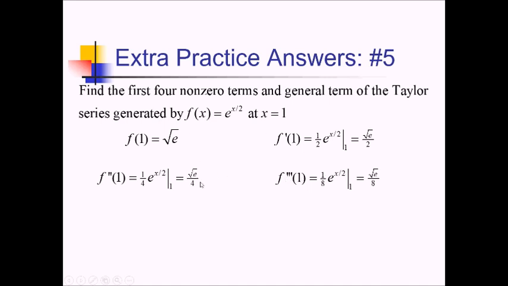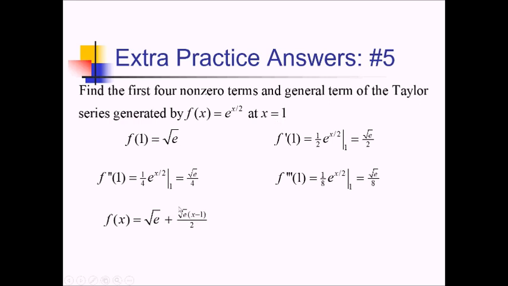I'm writing out our polynomial now. We've got 4 coefficients that are not 0, so this is actually enough to do the first 4 non-zero terms. After we do that, we'll figure out the general term based off of the pattern. So my first term is just going to be f of 1, so radical e. After that, I'm going to have radical e over 2, with basically f prime of 1 times x minus 1.